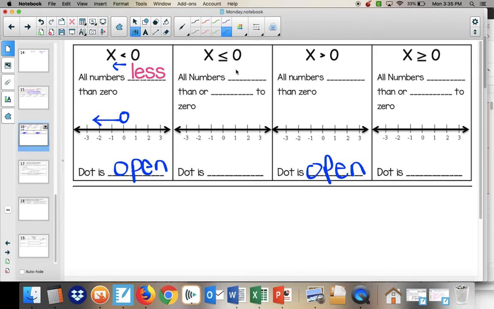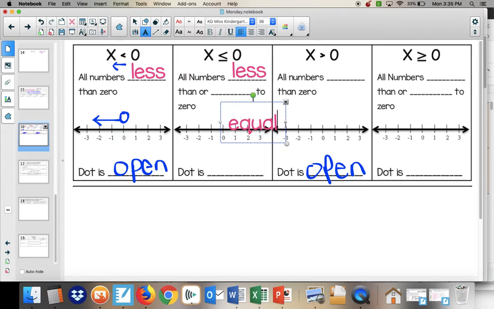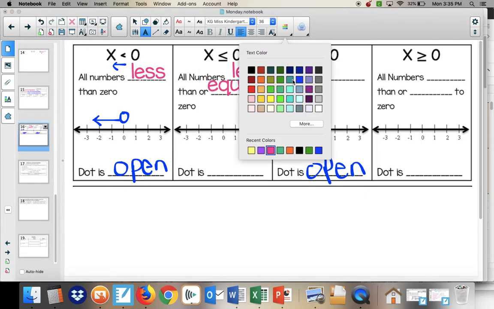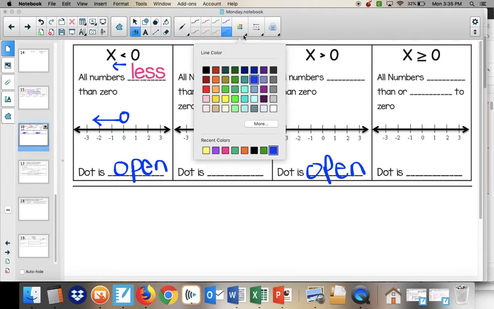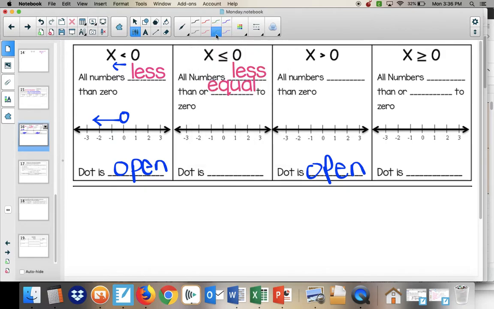So for this next one, all numbers that are, again, less than, but this time I can have it also be equal to 0. So this time it can be the value of 0. It is something that is closed.